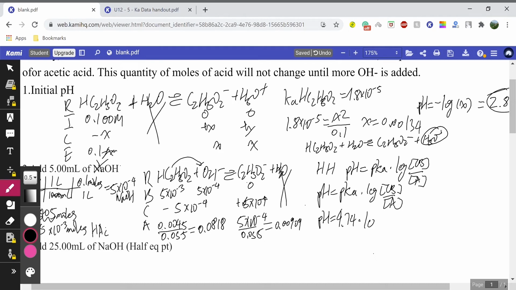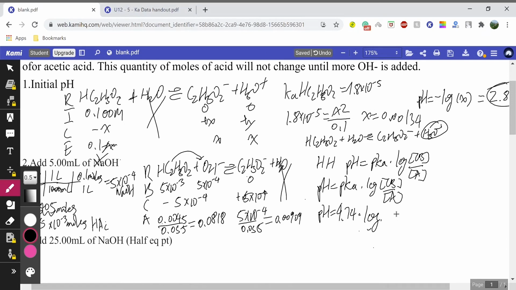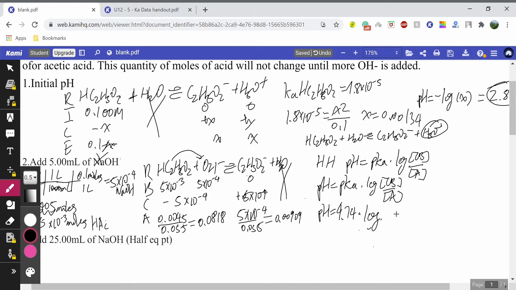Now, times the log, if you want to skip the step of converting to molar, you can choose to use moles. So what is going to be on top? On top we're going to have the conjugate base.